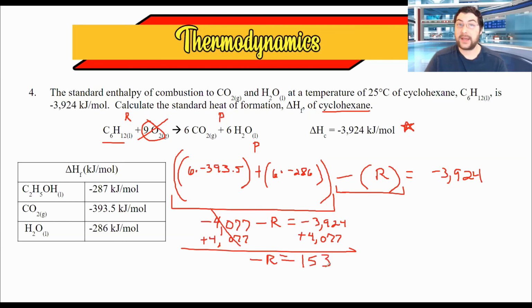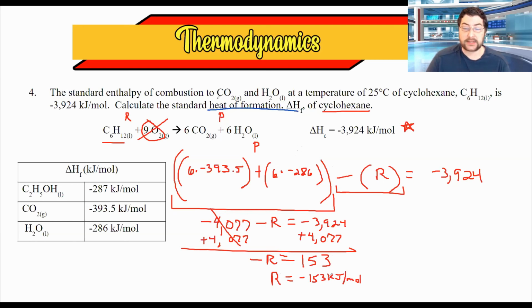But I don't want to know what negative R is. I want to know what just R is, right? The amount of energy for R. So that's going to be negative 153 kilojoules per mole. Now, one tiny little detail that we need to make sure we're aware of. This asked me to calculate the heat of formation for cyclohexane, not the heat of reaction.